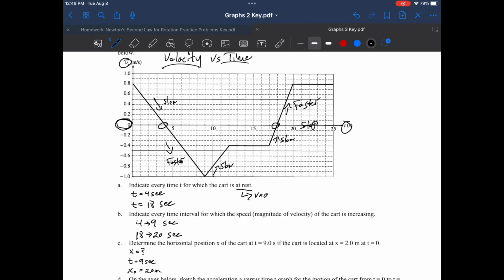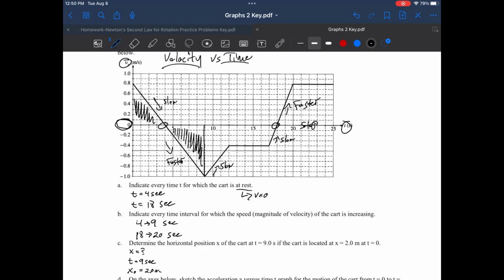So I'm going to look at the area under the curve of a velocity graph. The area under the curve gives me displacement, so I know how far I am from my initial position. The area under the curve is from the drawn line to the horizontal axis. If it's below the horizontal axis, it's negative, and if it's above the horizontal axis, it's positive.